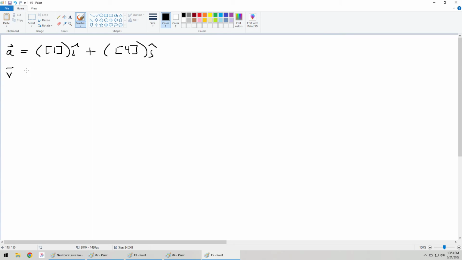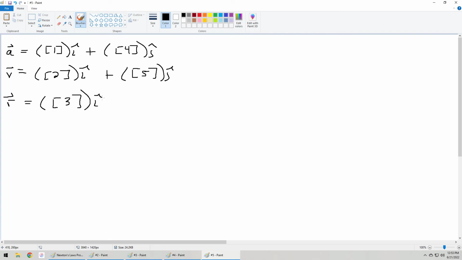The velocity vector will be equal to expression number 2 in the i hat direction plus expression number 5 in the j hat direction, and the position vector equal to expression number 3 in the i hat direction and expression number 6 in the j hat direction.